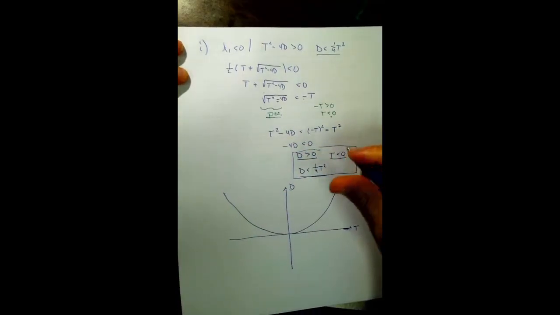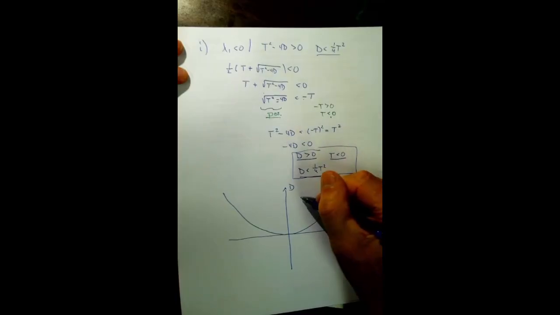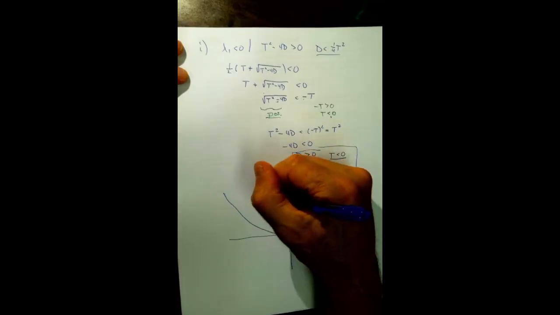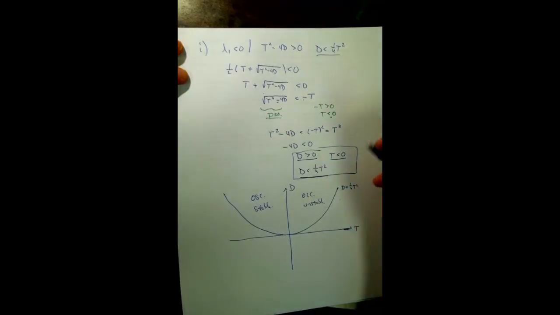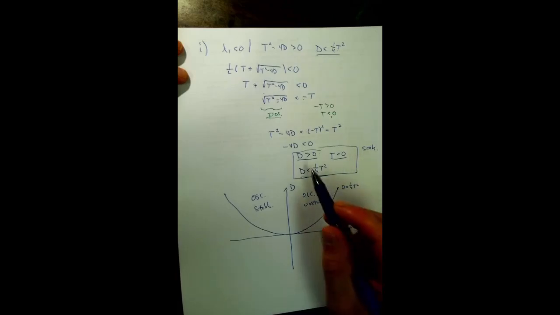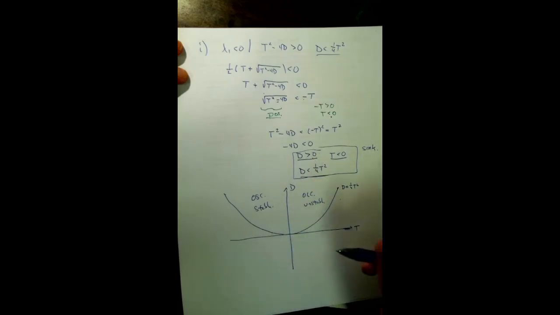So what did I have? I had d equals 1/4 t squared. In this region here, we have oscillations, unstable. Here we have oscillations and it's stable. This is the case where it's a sink. Both eigenvalues are negative and real. So d is positive, so that means I'm going to be either in this region or this region.